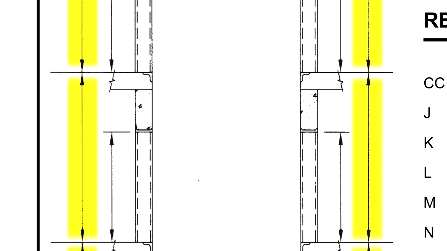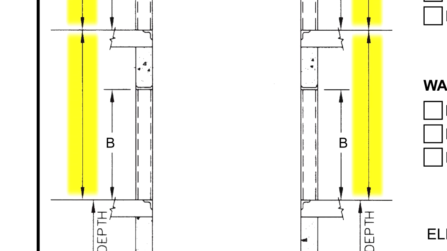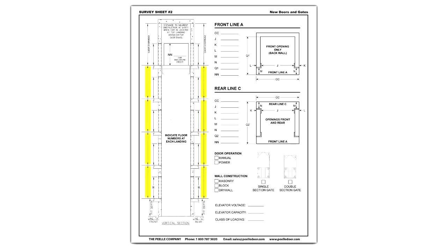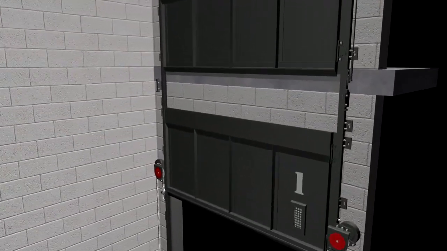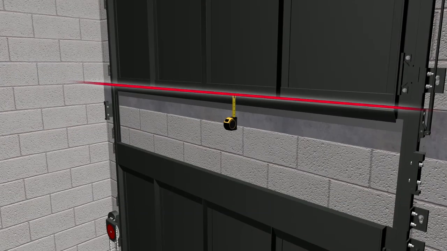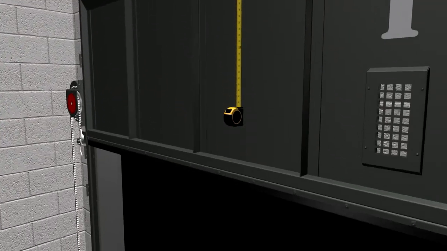Floor-to-floor dimensions. Measure the distance from one landing floor to the next. This can be difficult to do. Here are several options you can use to obtain the floor-to-floor measurement. Option 1. Measure from the lower panel above to the header below. Then add the opening height.